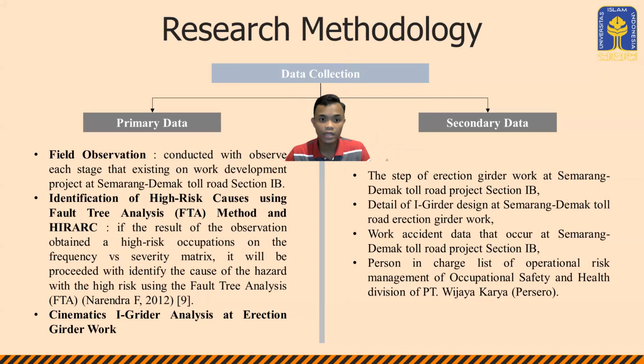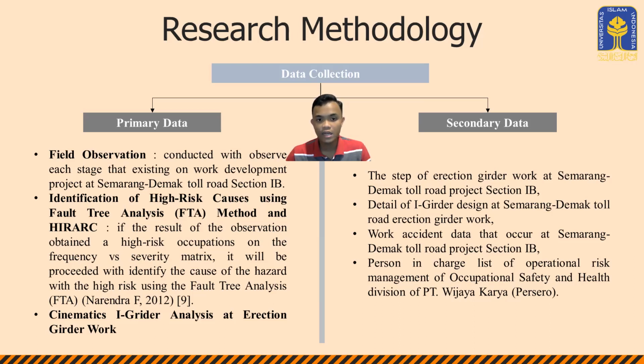The second one, we have the identification of the high-risk causes using the FTA method. If the result of the observation obtained a high-risk occupation on the frequency versus severity matrix, the FTA method will proceed with identifying the cause of the hazard.